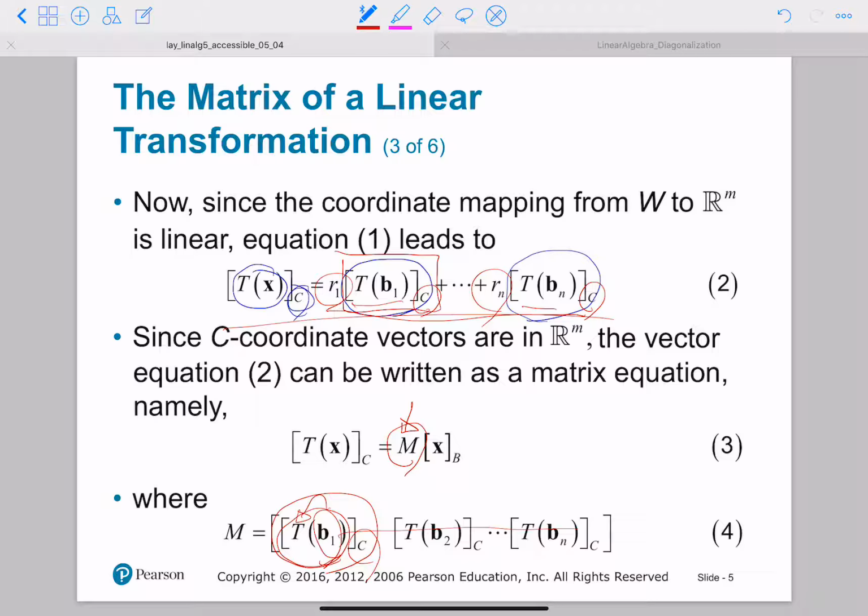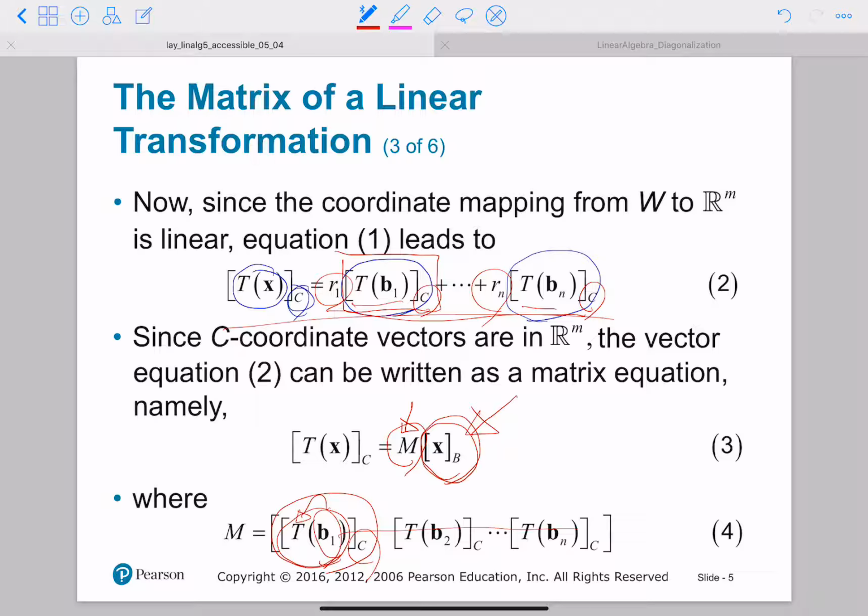And what should be the input over here? This input should be the B coordinate vector, with respect to the new basis vector B representing the domain.